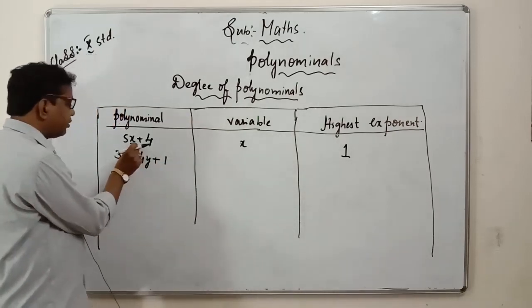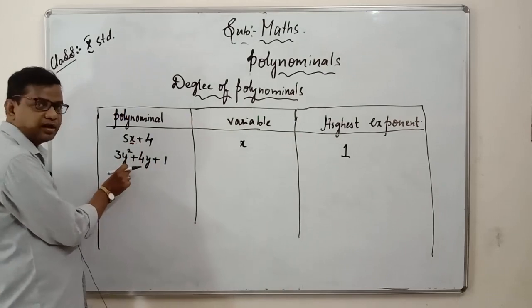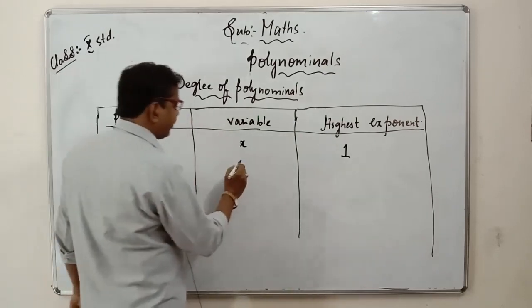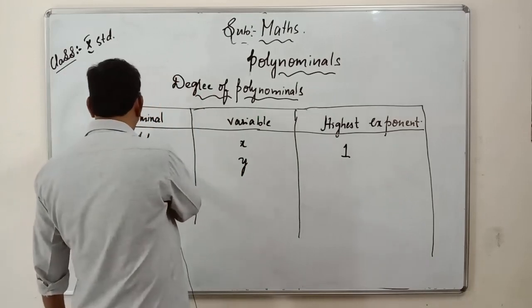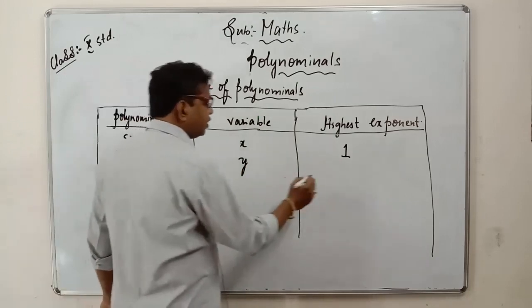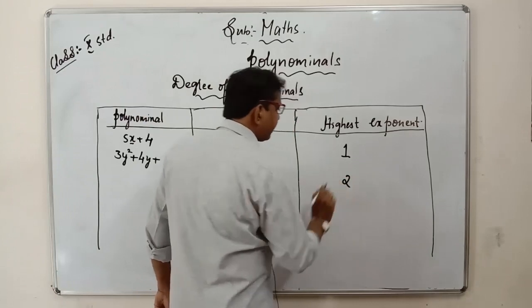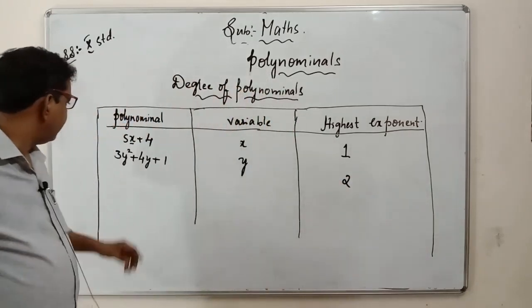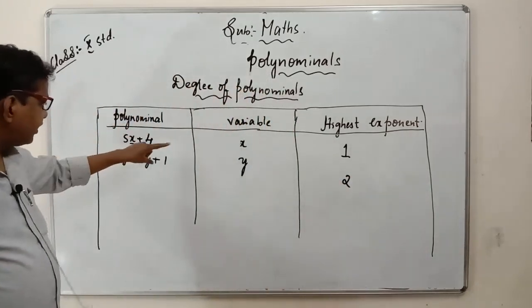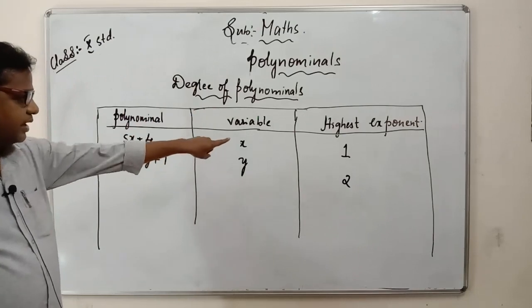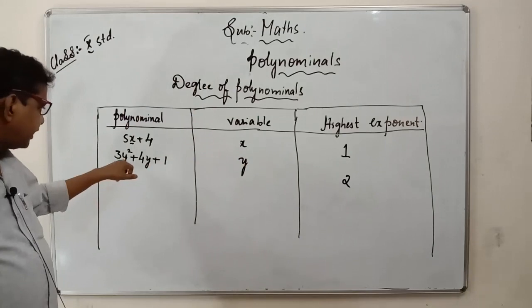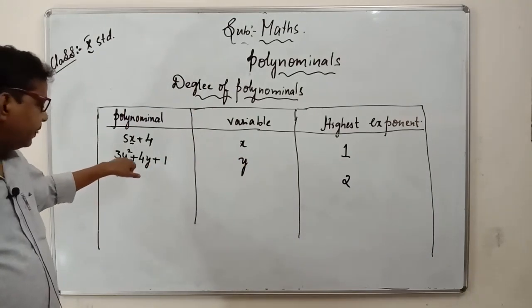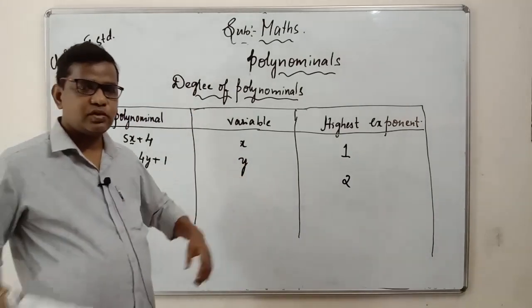Earlier we had the variable x, and now we have the variable y. So the variable is y, and the highest exponent is 2. In 5x plus 4, the variable is x and the highest exponent is 1. Here in 3y square, the variable is y, and the highest exponent is 2.